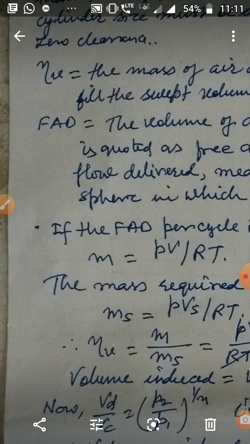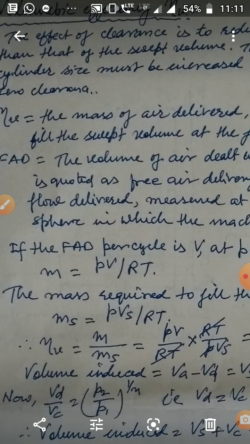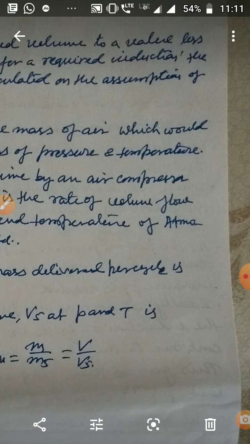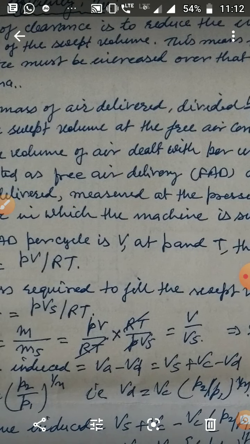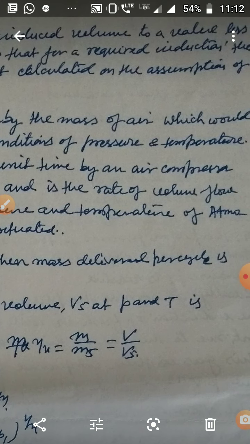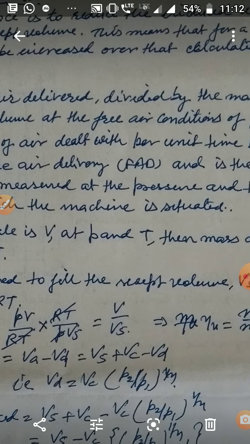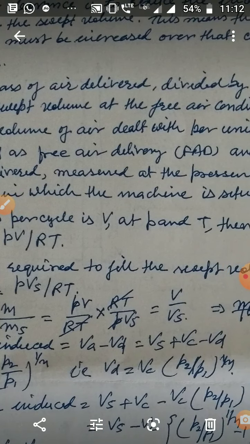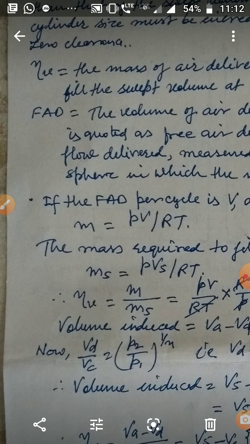FAD: this term is called free air delivery, the volume of air dealt with per unit time by an air compressor, and is the rate of volume flow delivered measured at the pressure and temperature of the atmospheric air in which the machine is situated. So on these two bases, efficiency as well as the FAD.